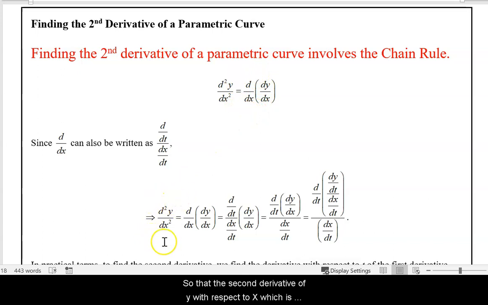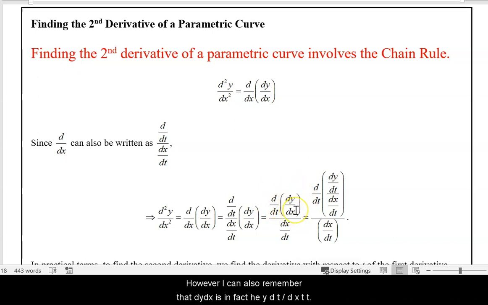So that the second derivative of y with respect to x, which is the derivative with respect to x of dy dx, can be rewritten with this complex notation applied to the dy dx. Since I can then abuse the notation further and simply move the dy dx into the numerator, this leaves dx dt by itself in the denominator and asks us to take the derivative with respect to time of dy dx.